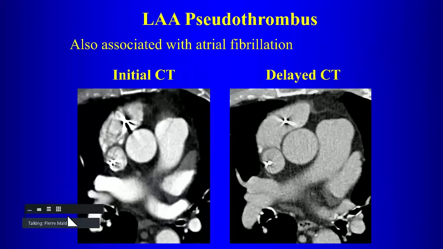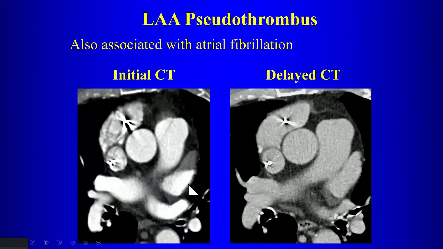So when you're dealing with these cases of what might be pseudothrombus, and this is also part of our protocol when we're doing pulmonary vein imaging prior to ablation procedures, part of the protocol is to include a set of delayed images. It only takes a few minutes after you've given the contrast, and any filling defect you see on your initial images, as the contrast gets a chance to mix around with the unopacified blood, the whole thing opacifies.